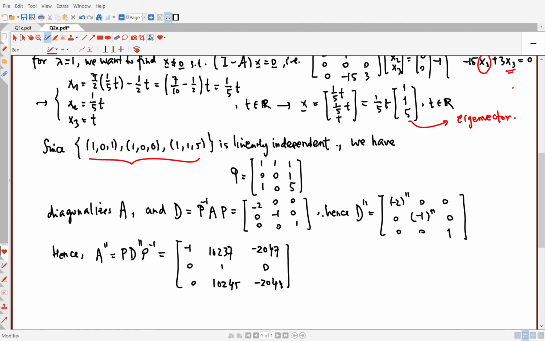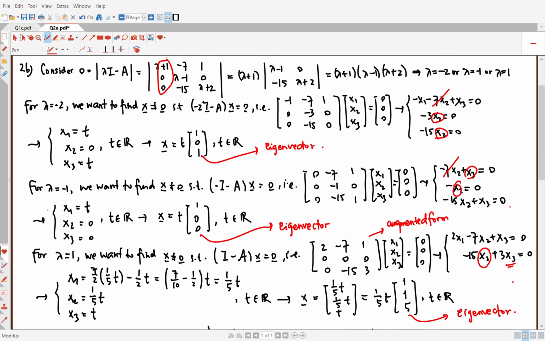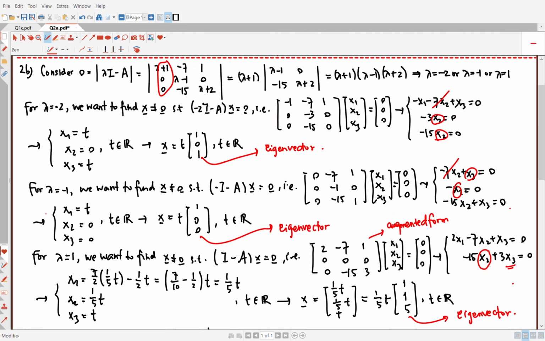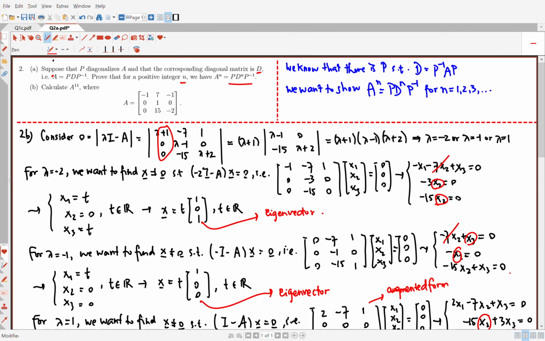But from here to here, I need to find P inverse. It is still very long. It took me 18 minutes. And then you might say that if I compute this manually, maybe it is faster, right?